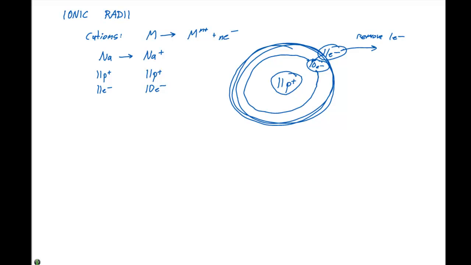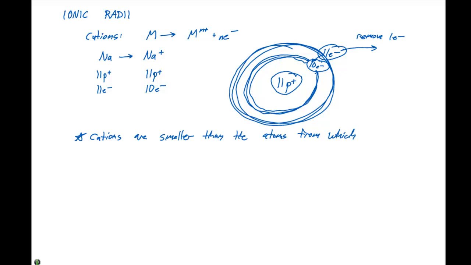If we have 10 electrons, the pull of the nucleus is going to be much stronger, and as a consequence, we can say that cations are smaller than the atoms from which they are formed.